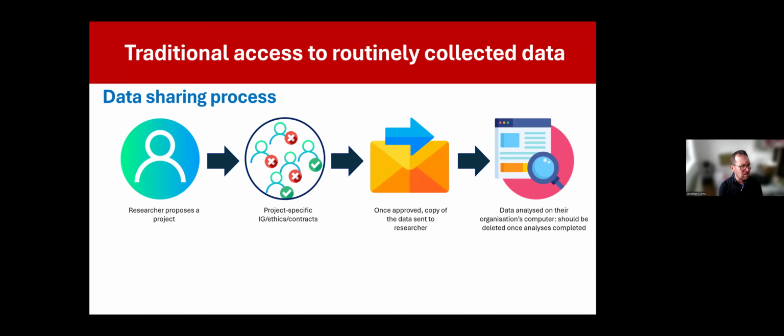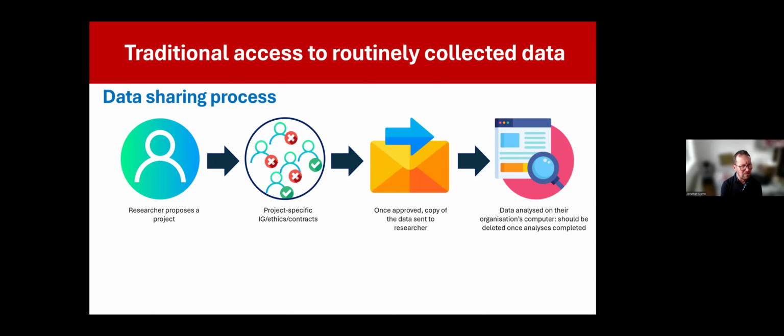Traditional access to routinely collected data, and I was fortunate enough to work with record linkage data from Sweden quite a few years ago now, looked like this. The researcher proposed a project, and then there would be an information governance and ethics and contracts process.